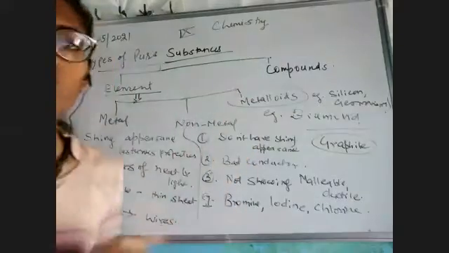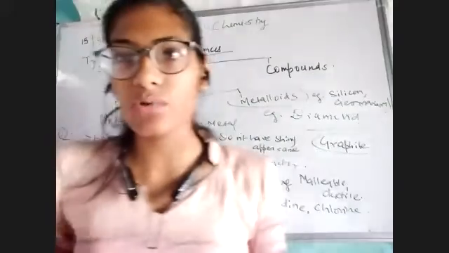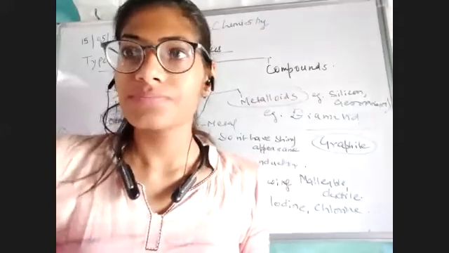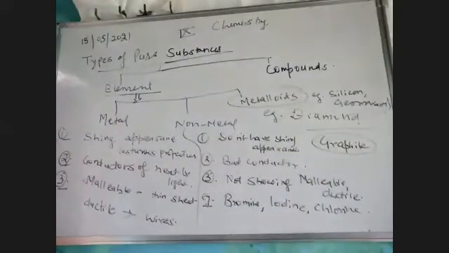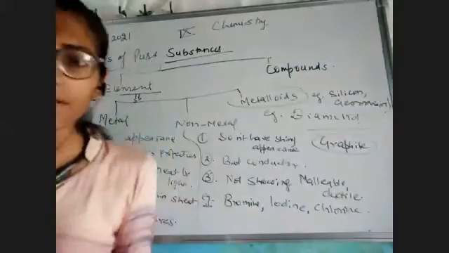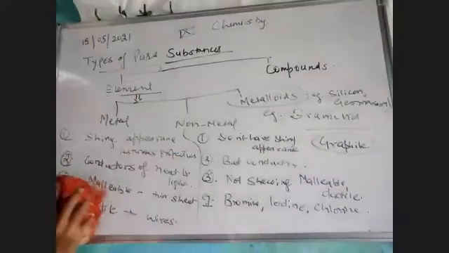Now let's move to our next topic, which is very important and quite interesting, known as compounds. All right, so let's start. What is a compound and how is it different from elements as well as mixtures? Okay, let's see.